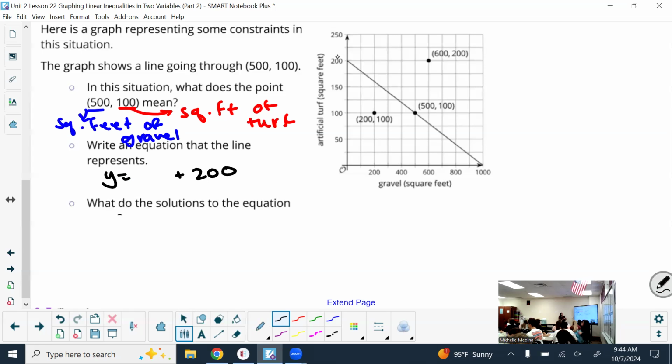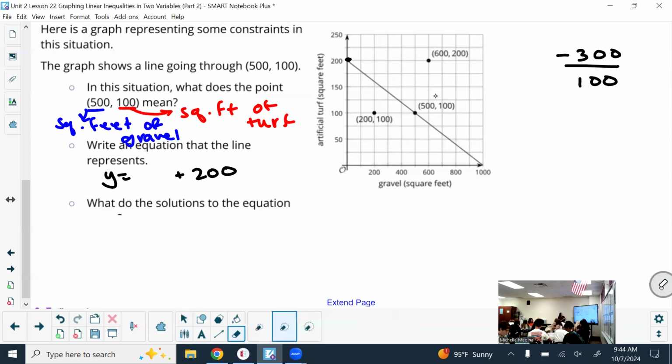And for slope, you just need two points that you can see really clearly without having to estimate. Going from here to what they have on here, I'm going down 300 and to the right 100. So then your slope is negative 3.